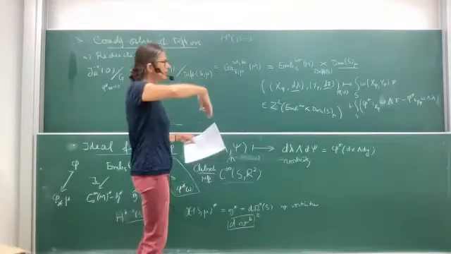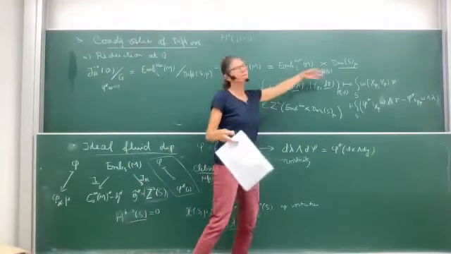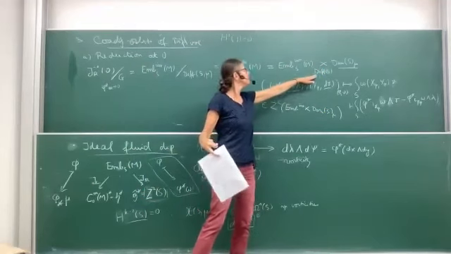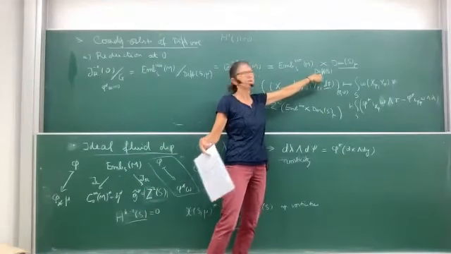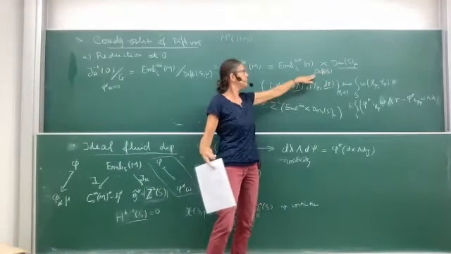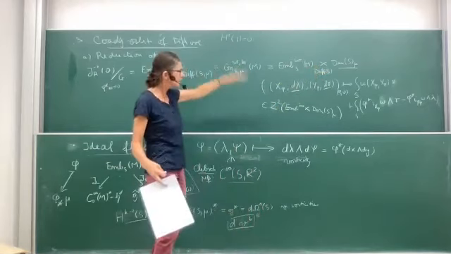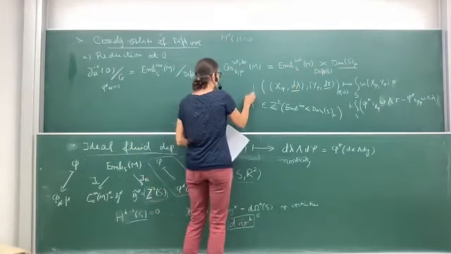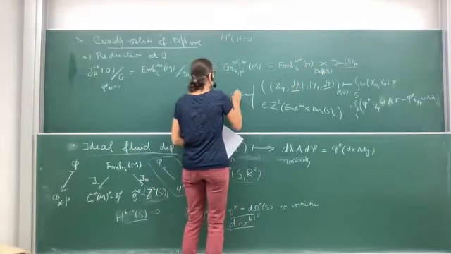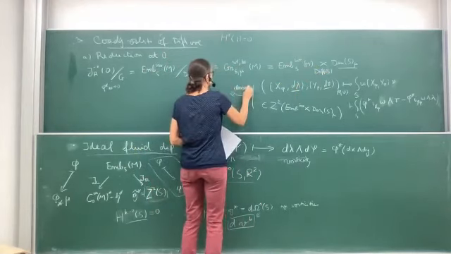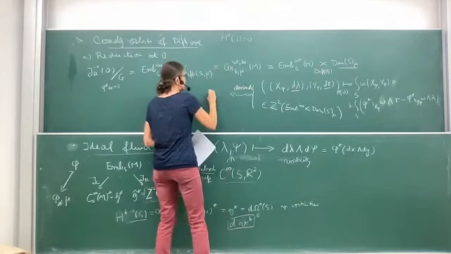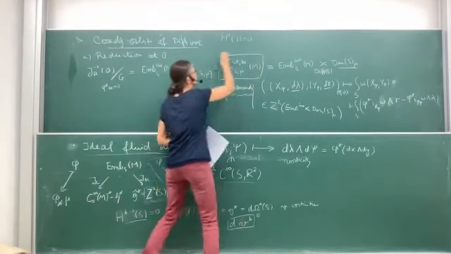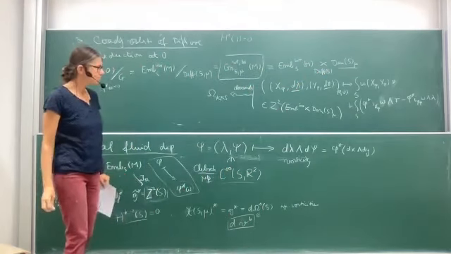It descends. It is Diff S basic, so the kernel is generated by the infinitesimal generators of Diff S. So it descends to a symplectic form, to the KKS form on the coadjoint orbit here.